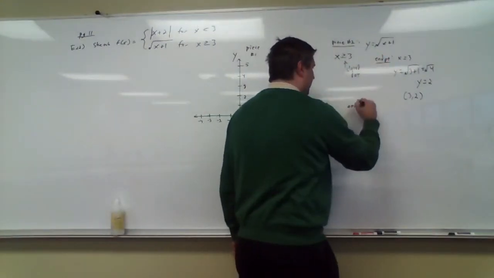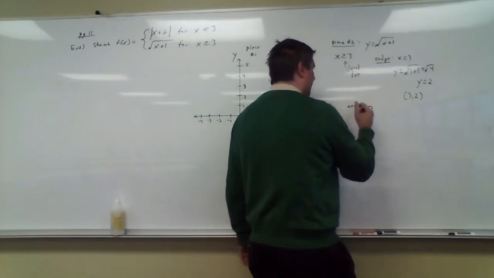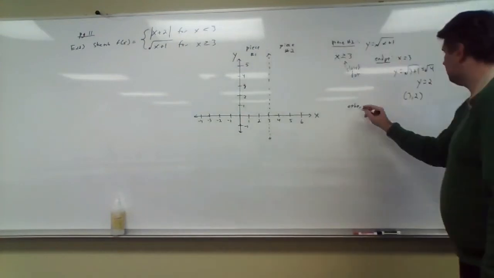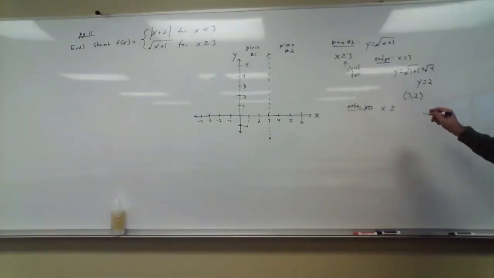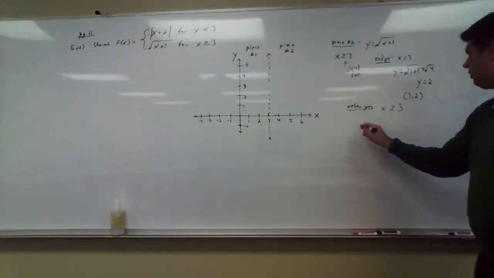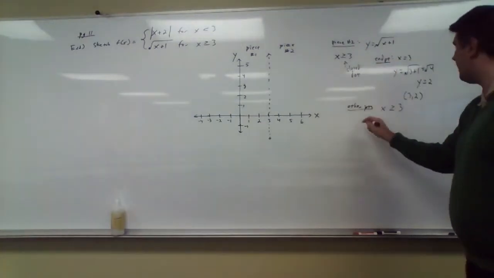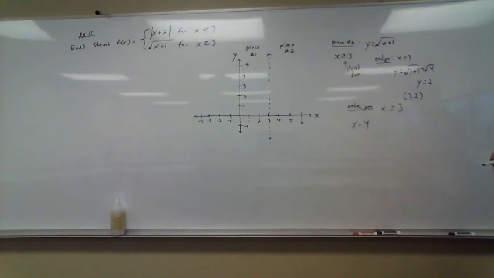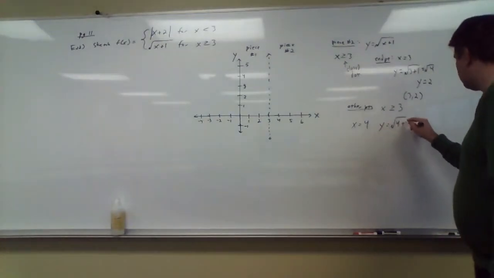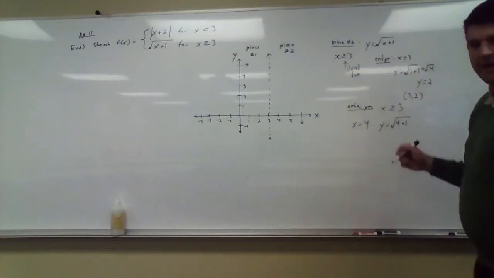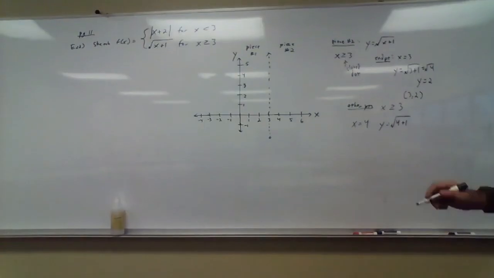Here are the other points, such that x is greater than or equal to 3. We already did 3, so how about x equals 4? We'll do the next integer value. y equals the square root of 4 plus 1, which gives me the square root of 5.